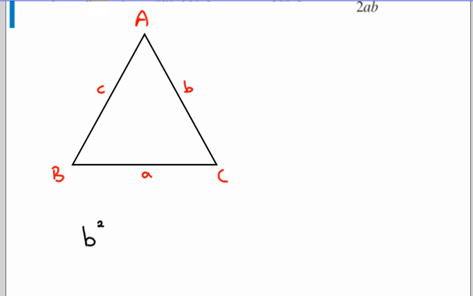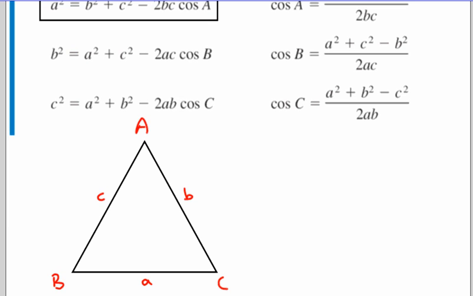It tells me b squared should equal a squared plus c squared, just like the Pythagorean theorem. But since it's not a right triangle, I subtract twice the product of a and c, the two sides that I squared and added, times the cosine of the angle in between them, which is the angle opposite b, the cosine of B. That's this version of the formula, and whichever side I pick, it works the same way.